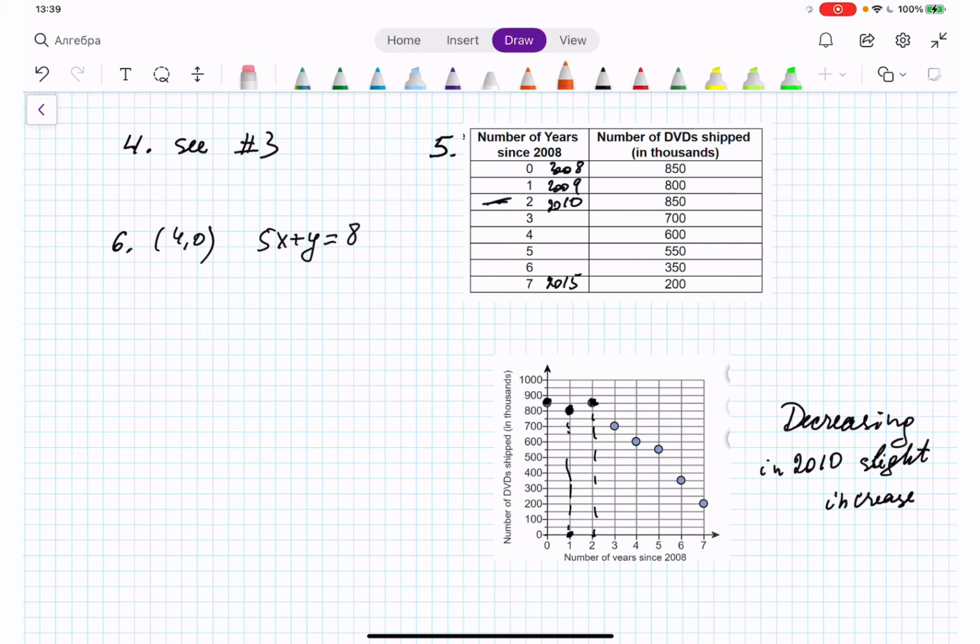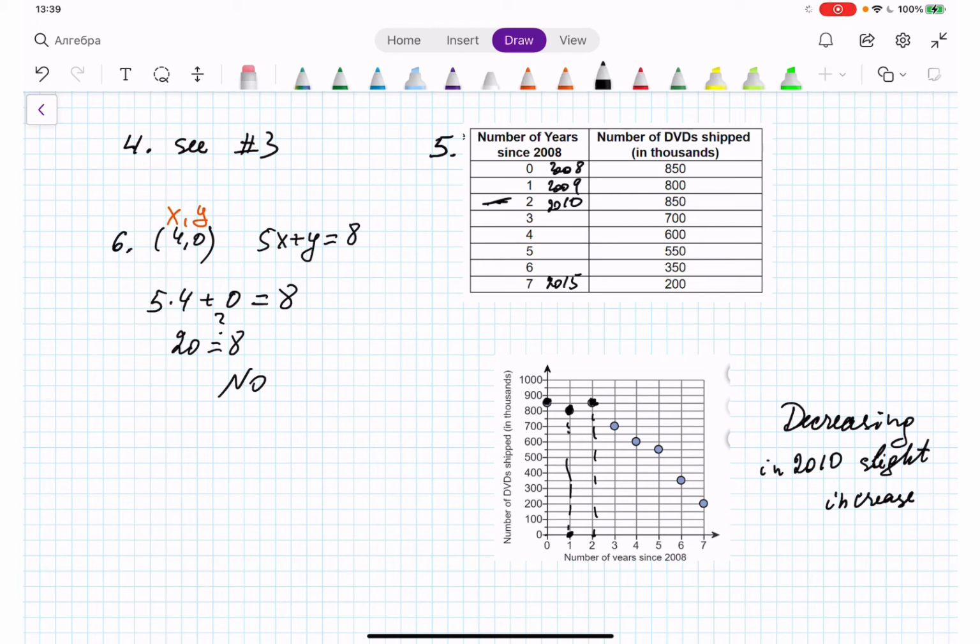Since we have a coordinate, this is our x, this is our y, right? So I'm going to plug in x as 4 and, instead of y, I put 0. Equal 8, right? So what do we get? 20 is equal 8? No, it's not the answer. So coordinate 4 and 0 does not belong to this equation.